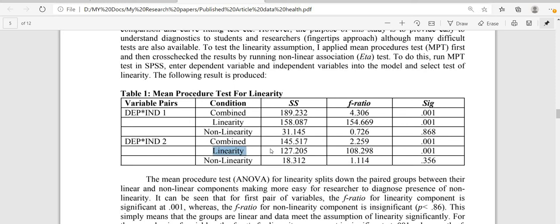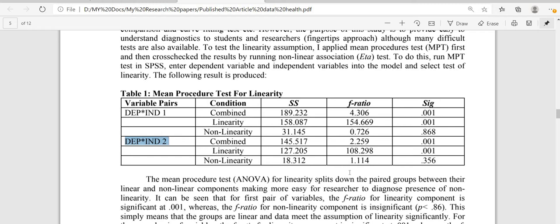And the linearity component, sum of squares, F ratio, is significant at 0.001. And for the non-linearity component, this is sum of squares, F ratio, and it's insignificant at 0.356. Therefore, we will conclude that this pair of variables is also fulfilling the regression model assumption of linearity.